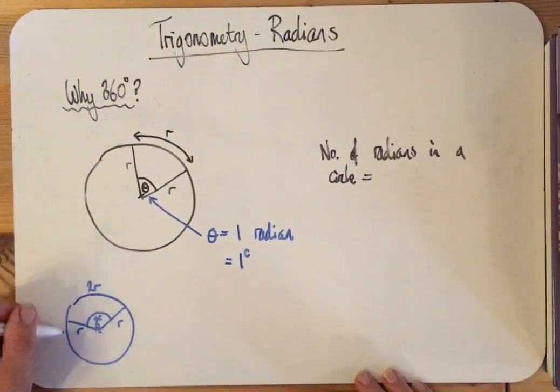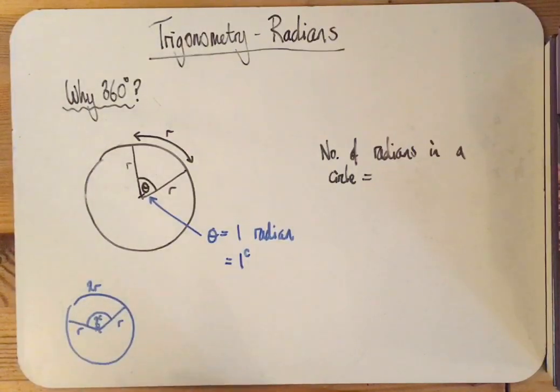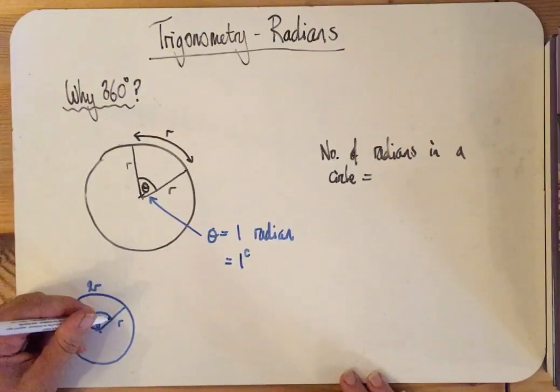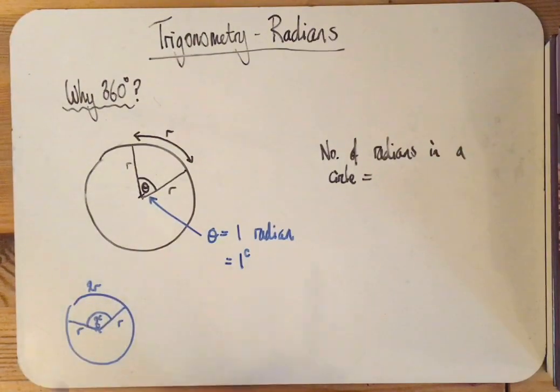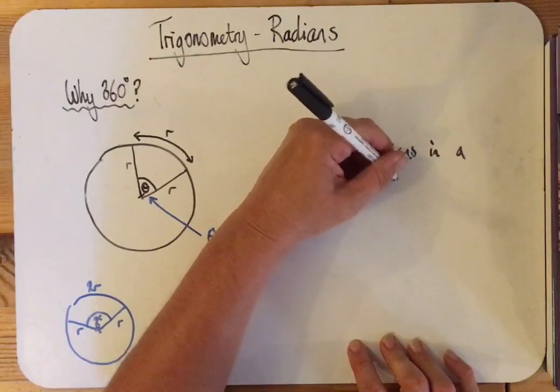So when you swing all the way around, then the distance all the way around here is 2 pi r, and that will give you 2 pi radians. So you're basically doing circumference divided by radius.